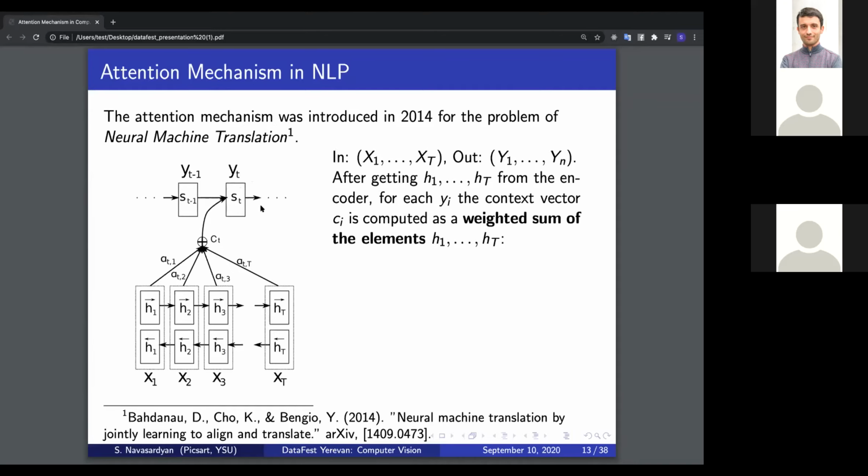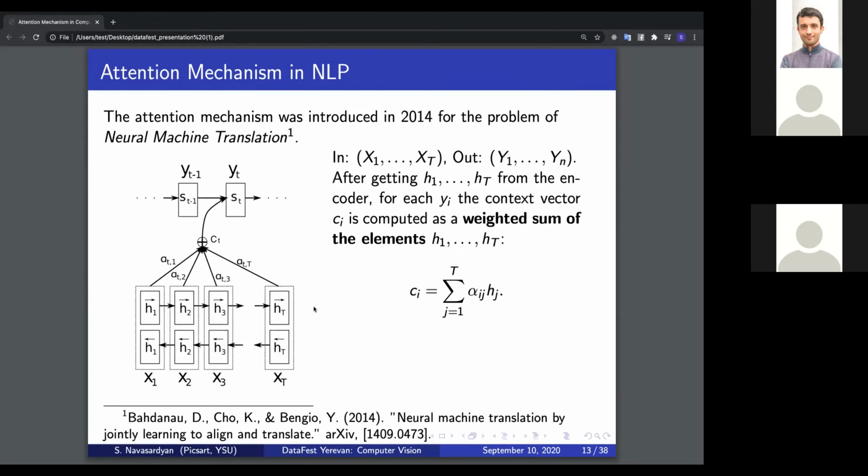The decoder at each step iteratively uses the information from the previous step, and it also uses a vector, the so-called context vector, which pays attention to all the outputs from the encoder. But at each step, this attention score differs from the other steps. This is done simply by taking a weighted average.